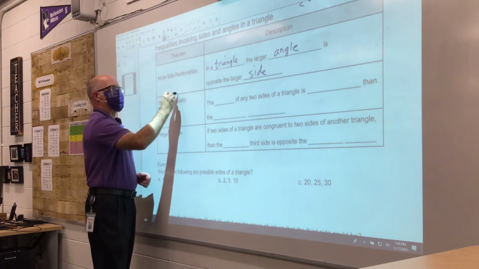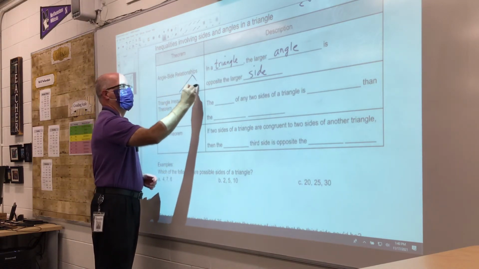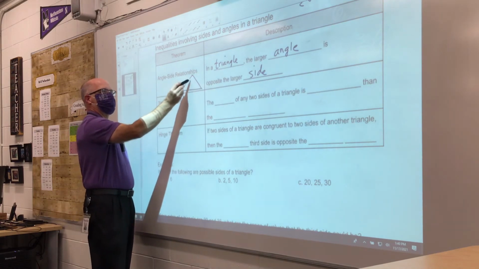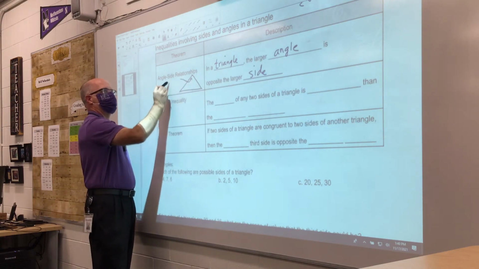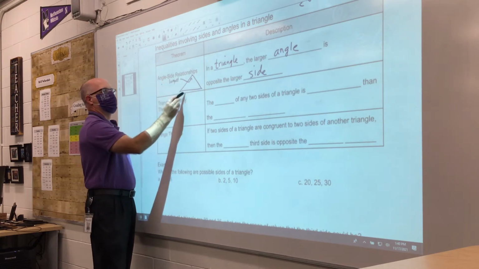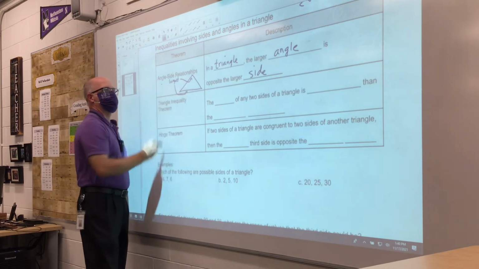So if I've got a triangle here, you see how this angle here is the largest angle? This is the largest side.